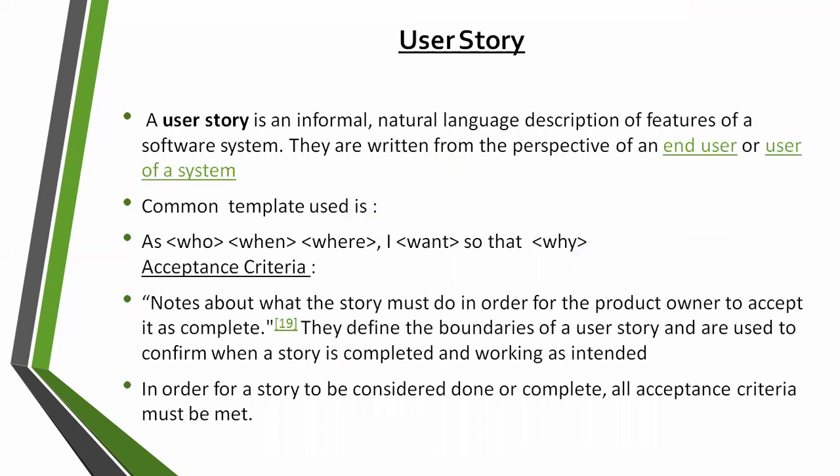As per the template we have discussed, it has to fulfill these three parts. "As a" is who is driving. After that, what exactly he wants in order to move to his destination, and then why he wants this. Got my point?